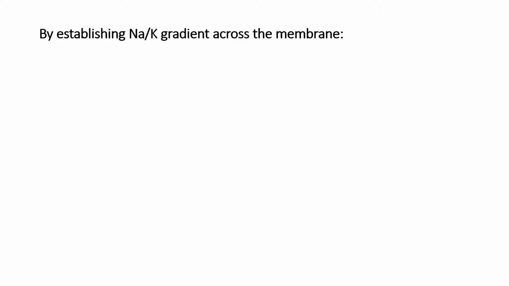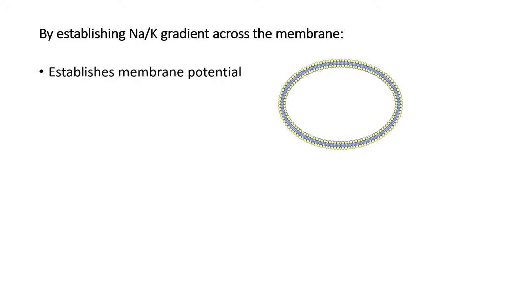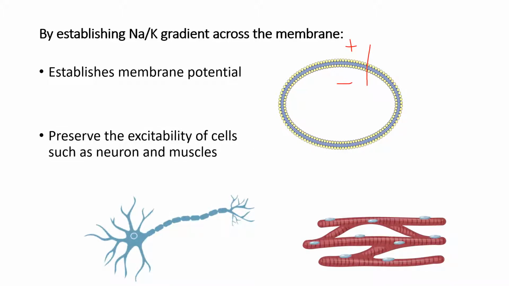The other function is that, for example, by establishing the sodium gradient across the membrane, the pump establishes membrane potential. And in excitable cells like neurons and muscles, the sodium and potassium gradient preserves the excitability of cells.